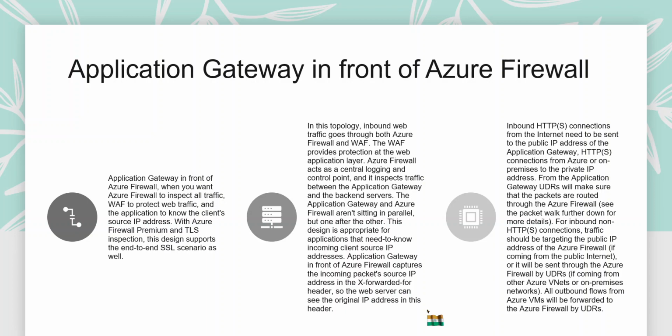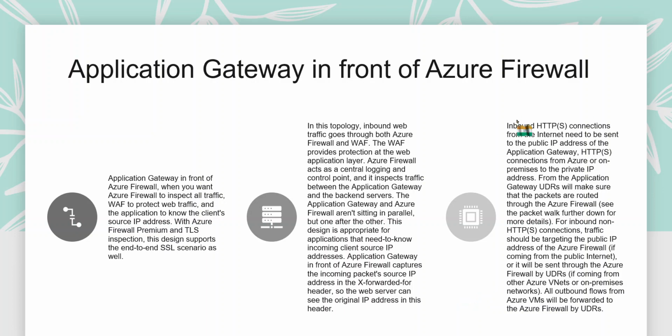So the Azure firewall will capture the incoming traffic using the source IP address and will check so that the web server can see the original IP address in this request.